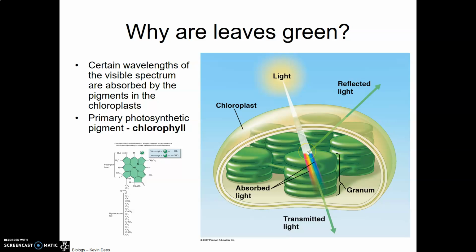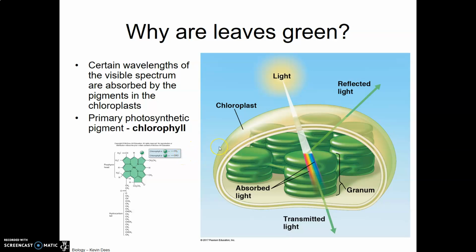The green wavelengths of light are reflected, and so as light strikes the chlorophyll in a chloroplast in the mesophyll of a leaf, it's the green wavelength of light that's reflected back, and then we perceive the color green. Now, these pigments like chlorophyll are really good at capturing this portion of the electromagnetic spectrum, this visible light energy.